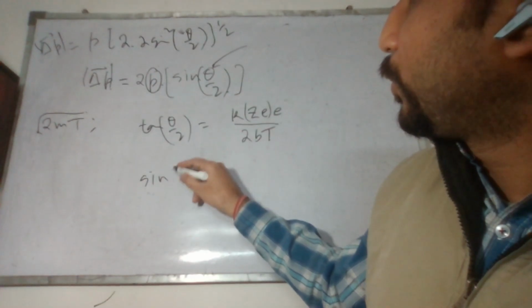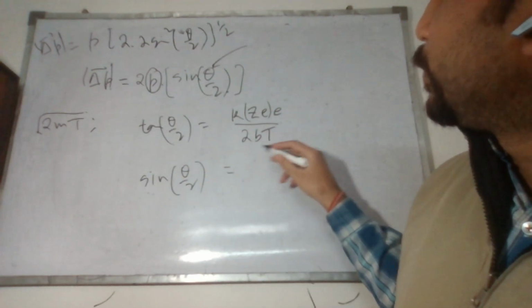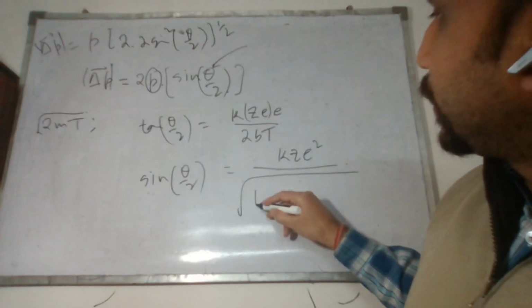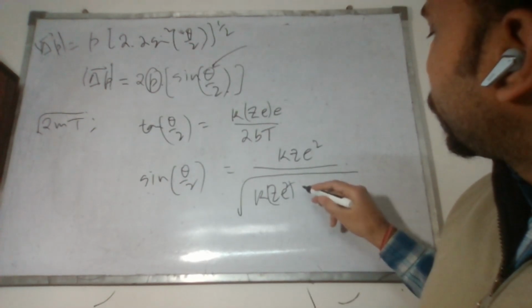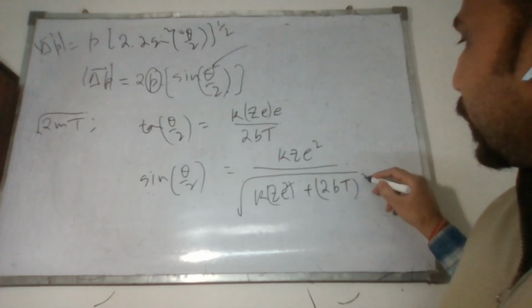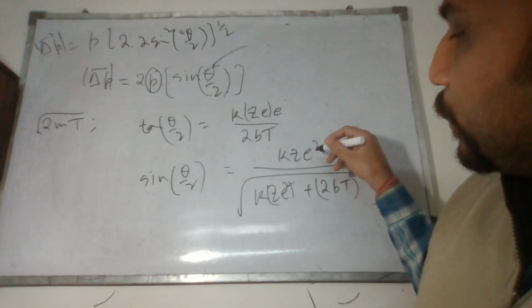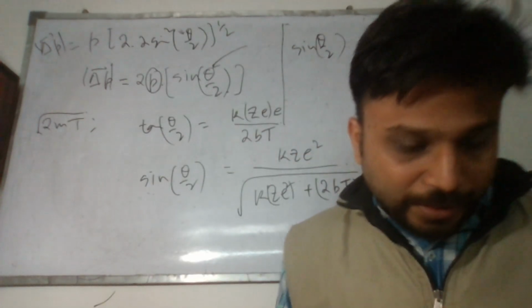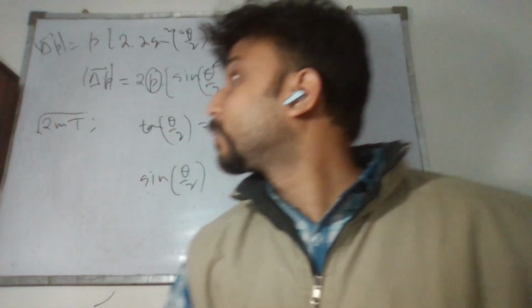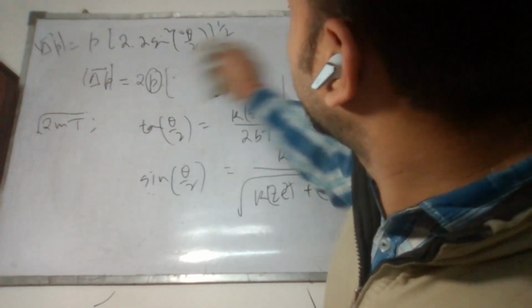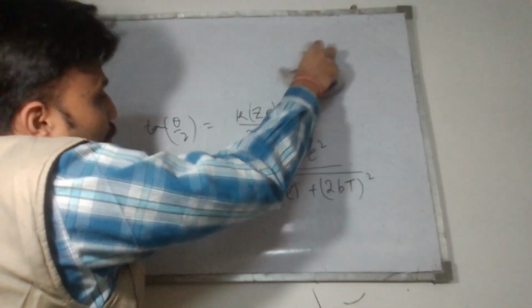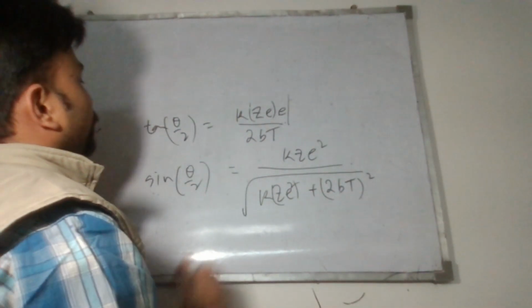So sin theta by 2 would be KZe square divided by the square root of KZe square whole square plus 2bT whole square.